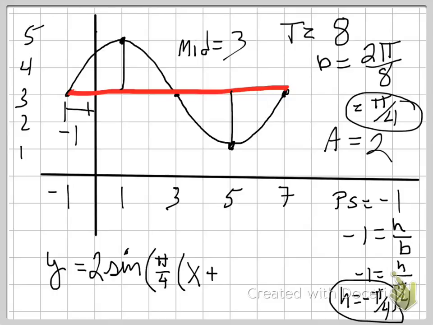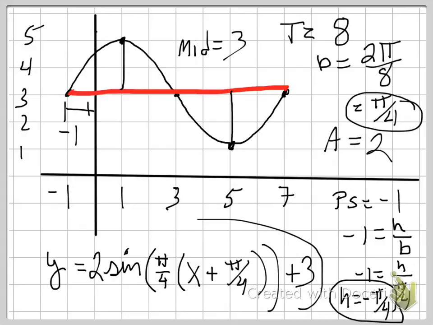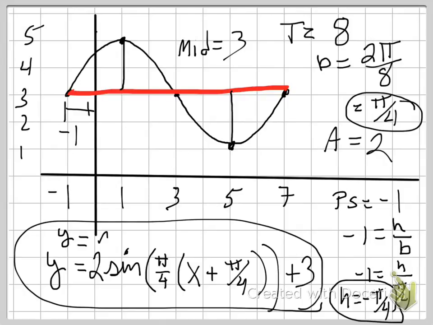That makes this a plus. And that's going to be pi over 4, right? It would be minus a negative pi over 4. And the midline is 3, so we're just going to move that up 3. And that would be the equation of our sine function, because remember the general form y equals a times the sine of b times x minus h plus k. Okay. That's that standard form.